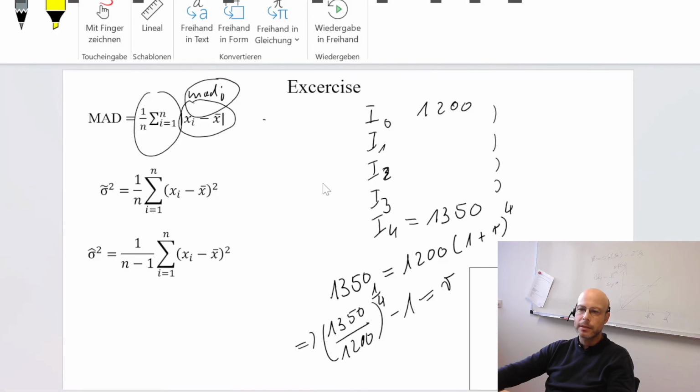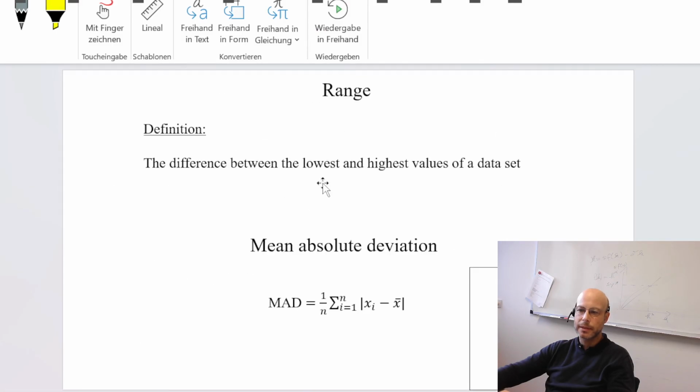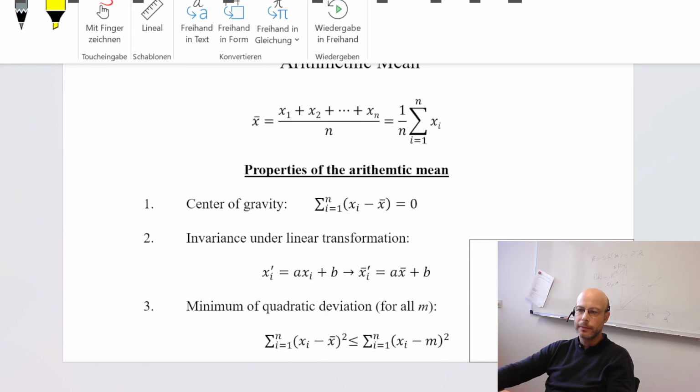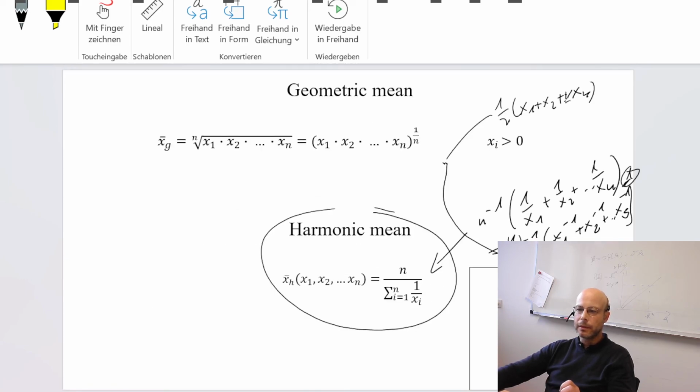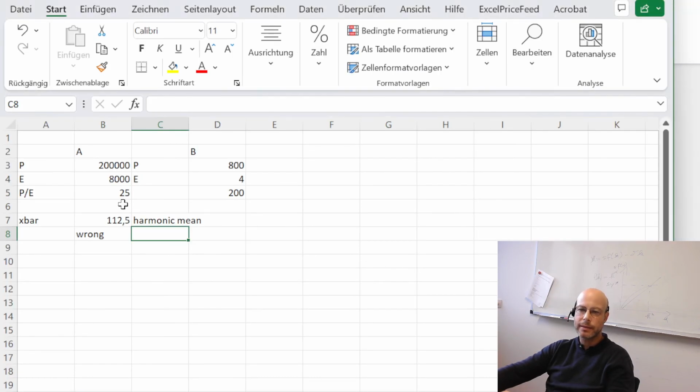Let's go into our formulas here. We have to calculate the inverse, sum up the inverse, then again take the inverse and multiply it by the number. Of course, the number is now 2 in our case.